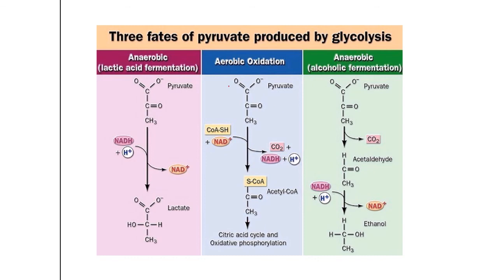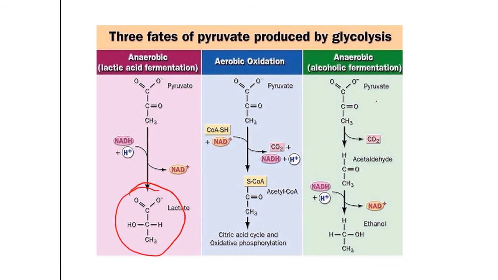Okay. If there is not enough oxygen, or if you don't have the machinery to do regular cellular respiration, then you will be doing anaerobic respiration. Okay, so there are two forms. In humans, we do lactic acid fermentation, creating lactate, which builds up in the muscle.